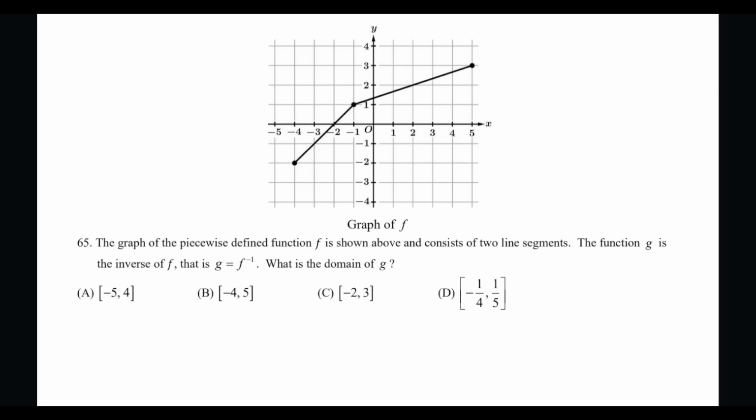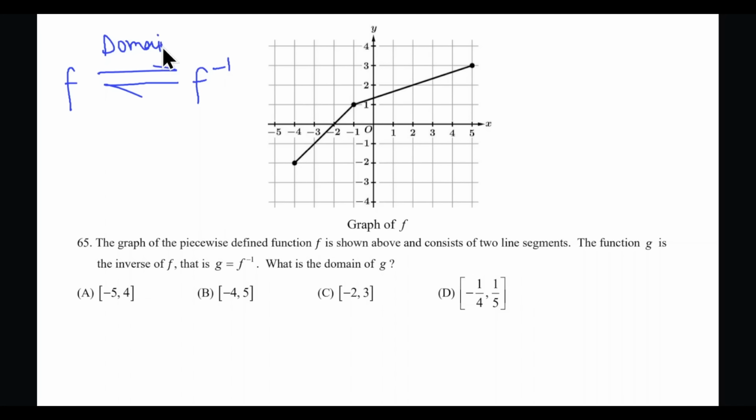Okay, this is pretty interesting now. We are talking about inverse functions. The graph of the piecewise function f is given, and there is a function g which is the inverse of f. So what is the domain of g? Remember that for f and f inverse, the domain and range swap.